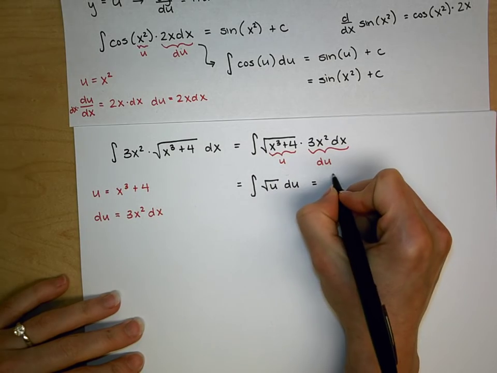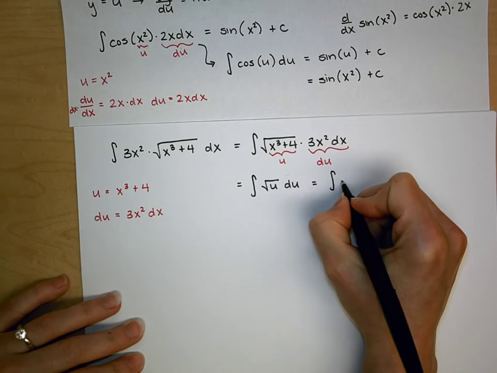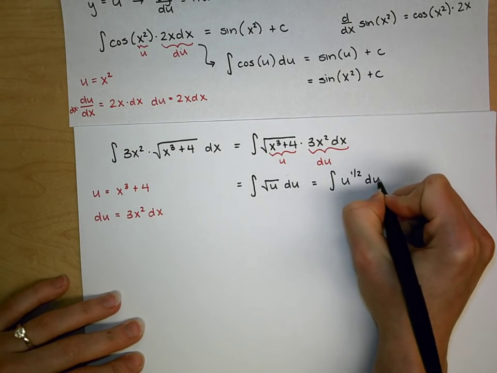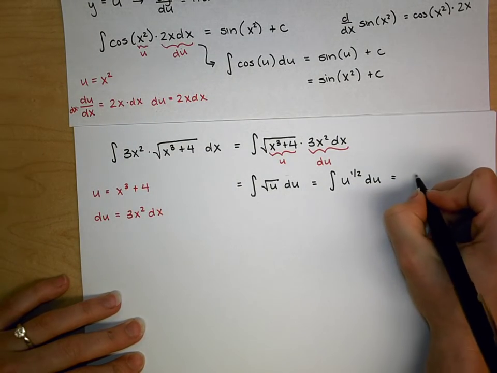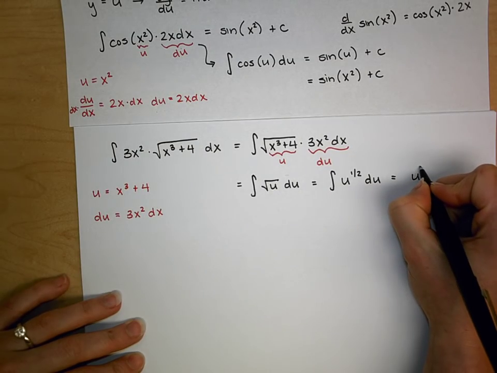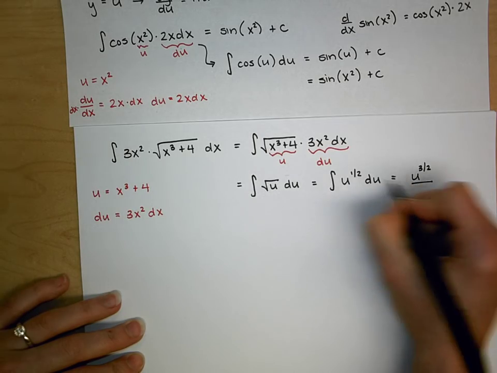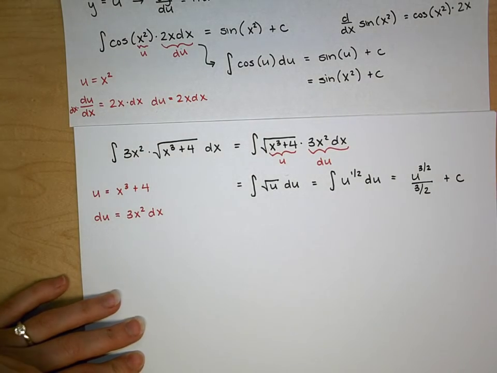Now to take the integral of this, I can see that this is going to be a power rule for integrals. So let's write this as u to the 1/2. And now we'll use the power rule. So I have u to the 1/2 plus 1, which is 3/2, divided by 1/2 plus 1, plus that constant.